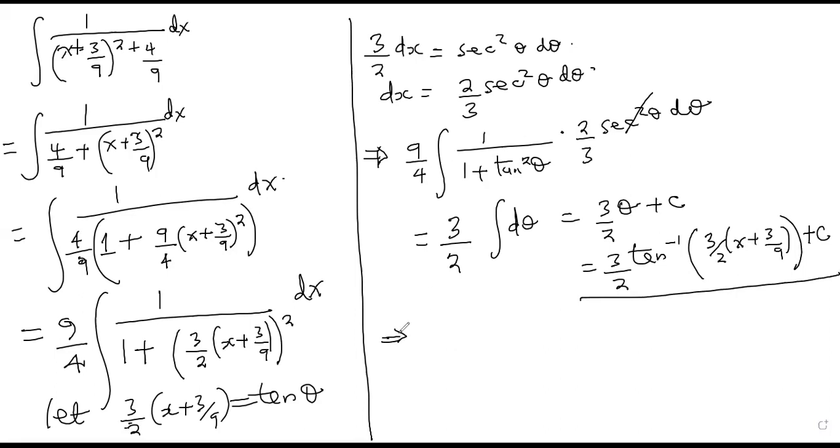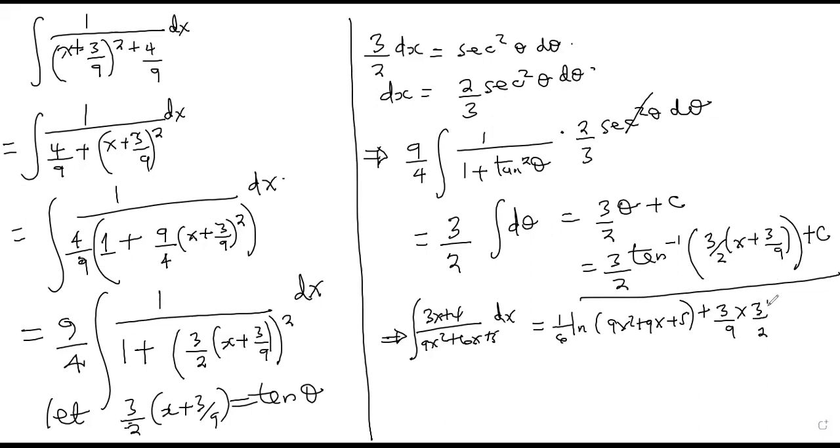It implies that the whole integral of what we are supposed to do, that is 3x plus 4 over 9x squared plus 6x plus 5 dx, is the same as, we bring the first one, it was ln, 1/6 of ln 9x squared plus 9x plus 5, then plus 3 over 9, then the integral of this, which we've gotten as this, so times 3 over 2 tan inverse of 3 over 2 x plus 3 over 9, then everything plus a constant of integration.